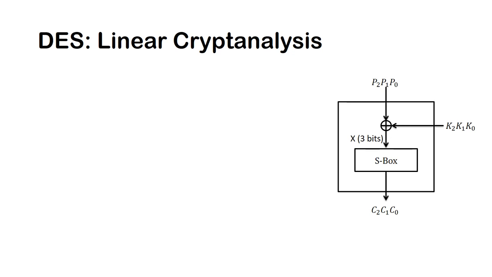In linear cryptanalysis, we again make probabilistic arrangements and we try to find out the relationship in the S boxes, and if the relationship of the S boxes can be expressed in an equation of this order, then we can say that they are linearly related to each other and a linear cryptanalysis can be performed.